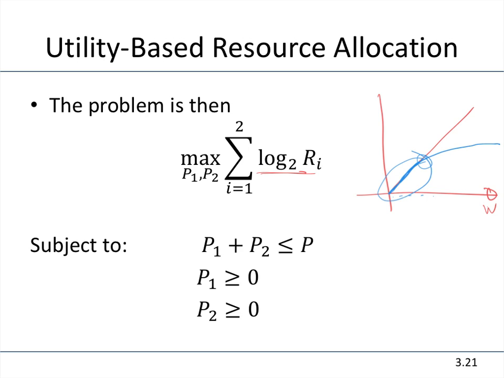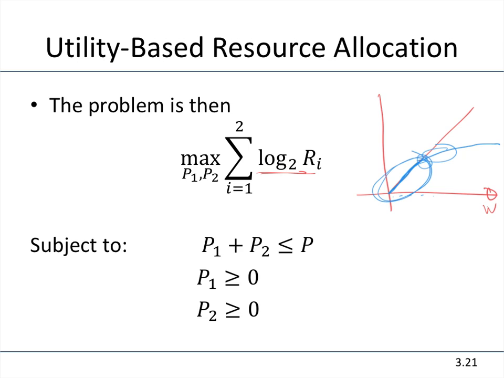So this will allow you to allocate the resources in such a way that at least you keep everyone in this region, and give each one a minimum share of these resources to give him some level of satisfaction. And if you still have some budget, you can start to give it to the user with high channel gain.